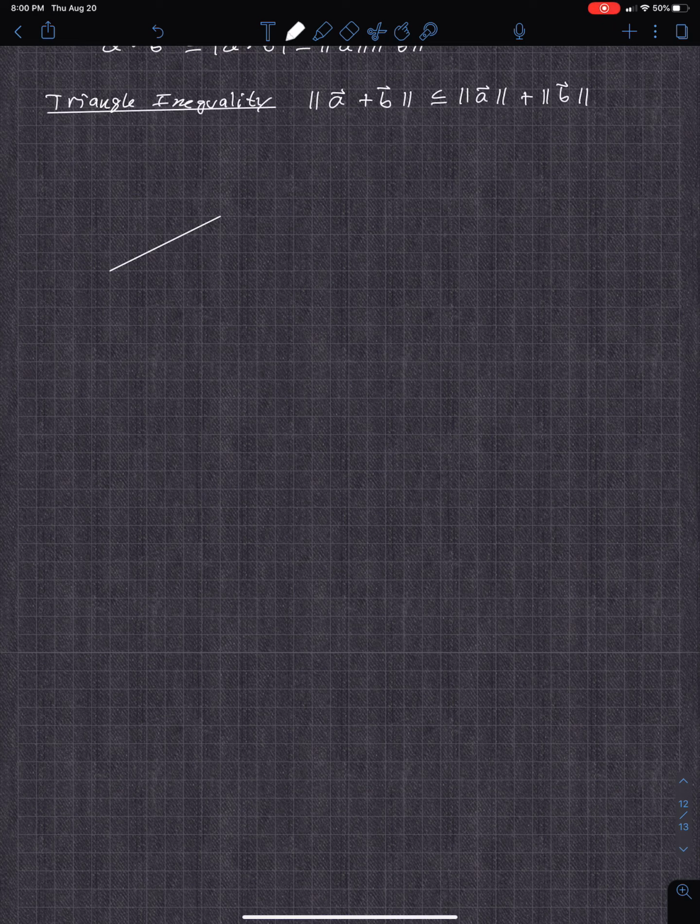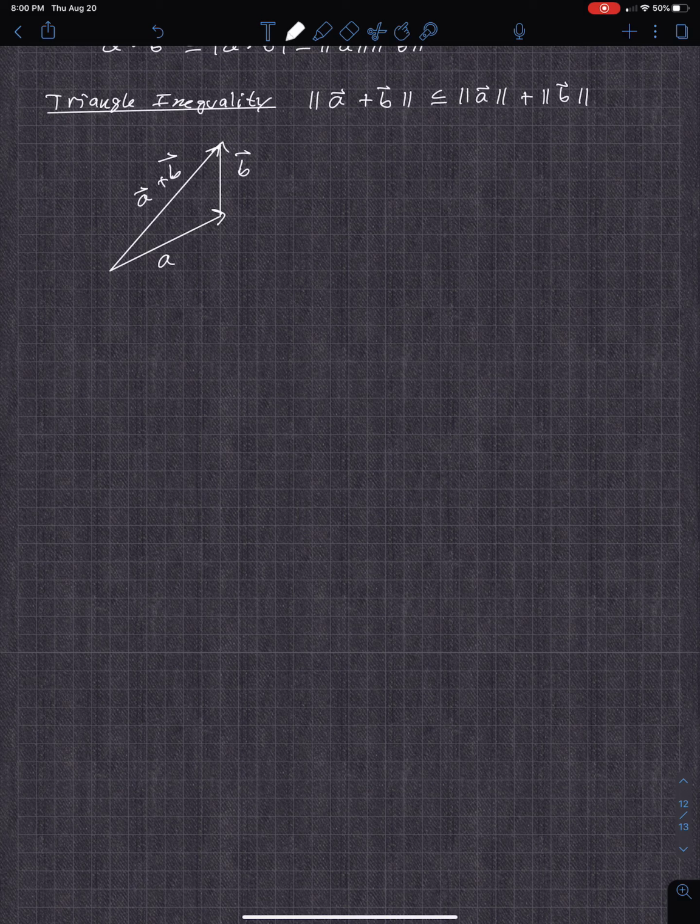Let's suppose that is vector A, and this is vector B, and this vector is A plus B. So this length is less than or equal to the sum of those lengths. That's what it's saying, in vector form.